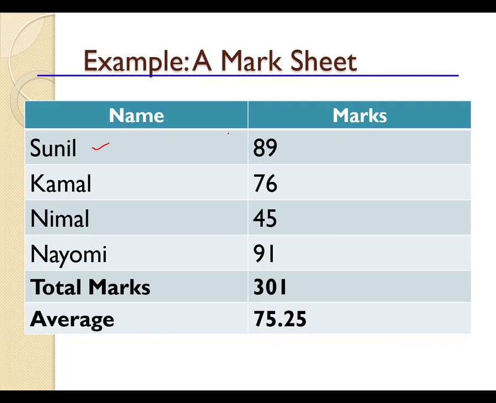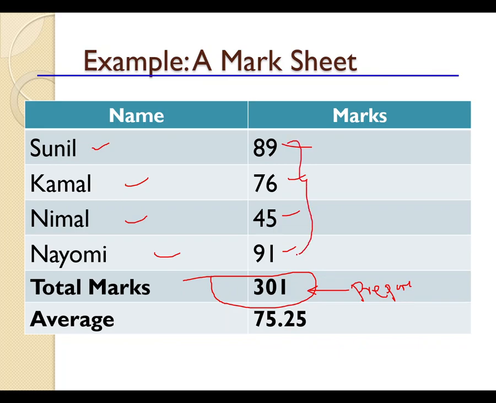So Sunil got 89, then Kamal got 76, Nimal got 45, Naomi got 91. And we are going to compute the total marks. Now do you understand that this can be prepared or processed from what? From these figures we have.